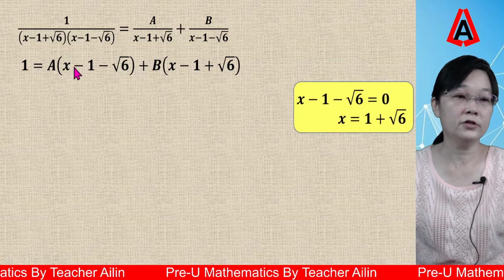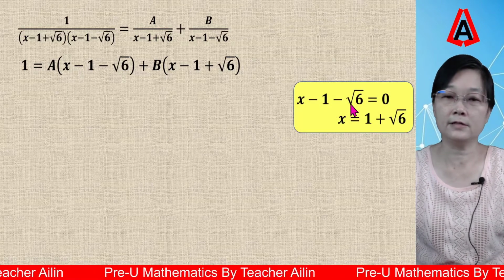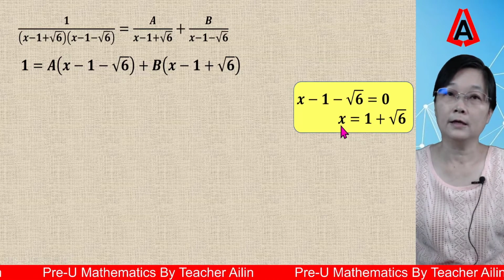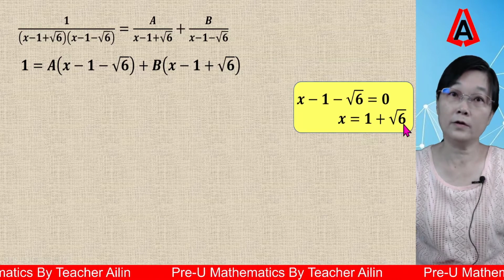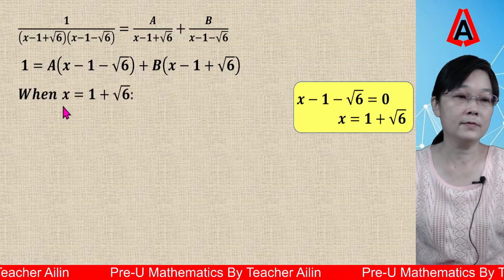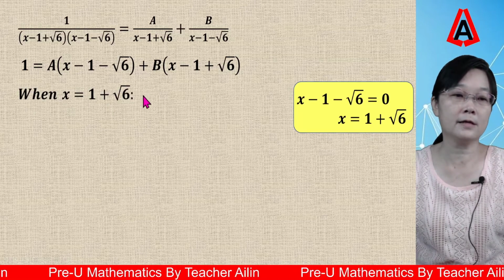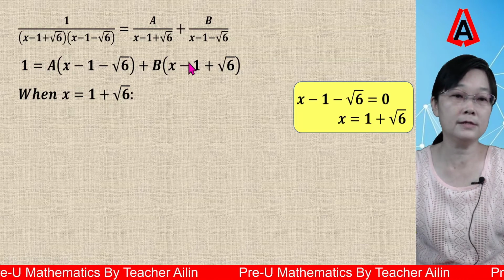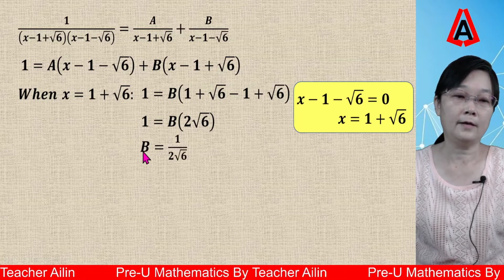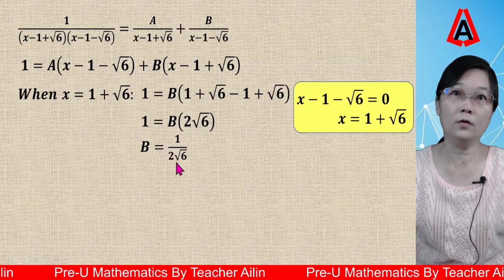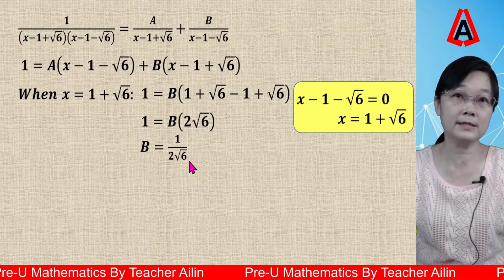If we want to change this factor into 0, the suitable value of x is equal to 1 plus square root of 6. So when we substitute x with 1 plus square root of 6 into this equation and simplify, I find that b is equal to 1 over 2 square root of 6.